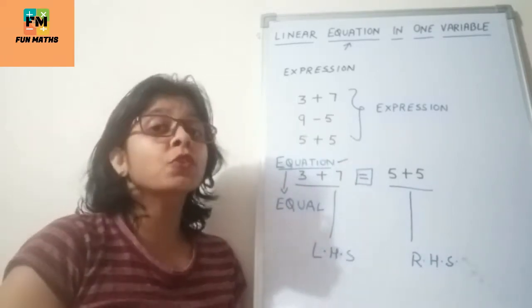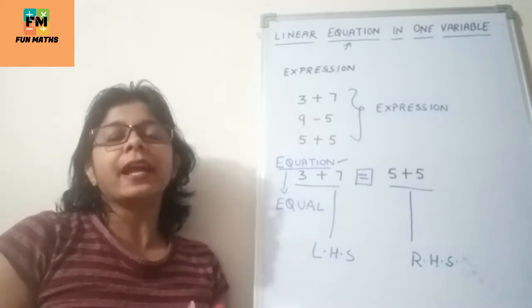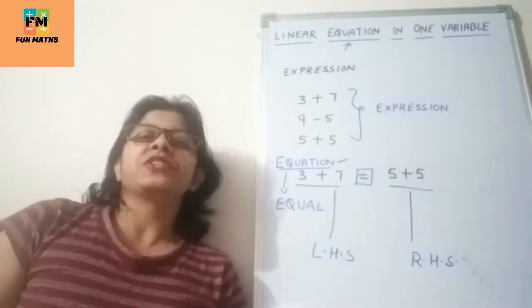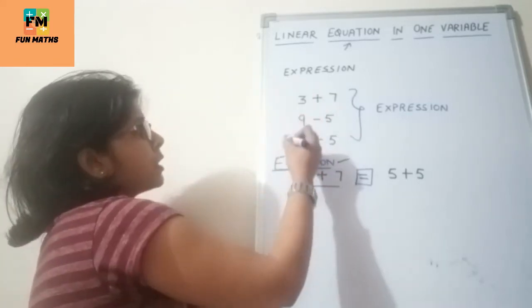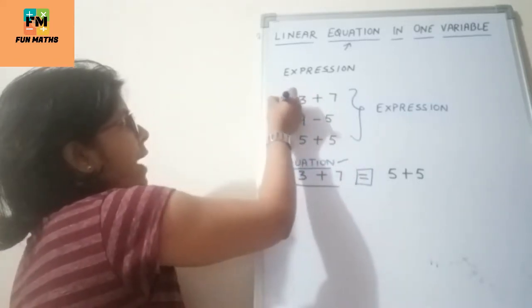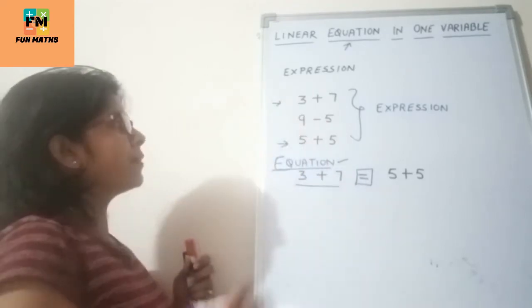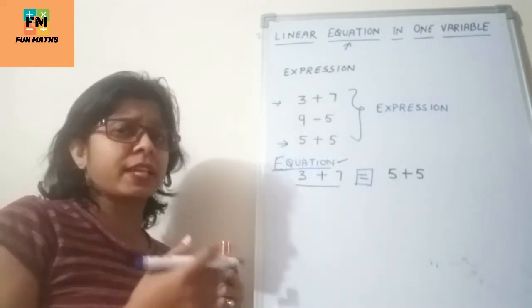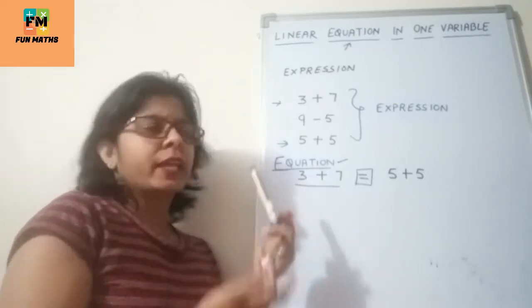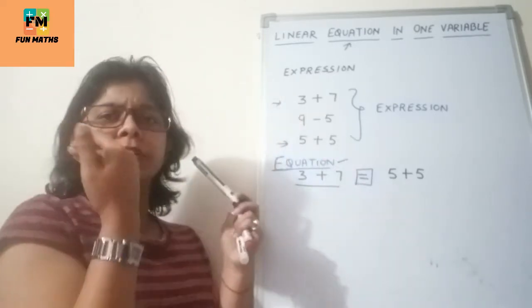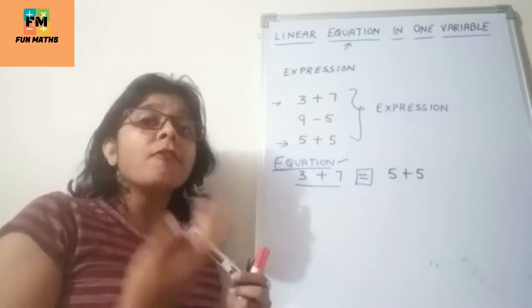Now let's move to algebraic equations and algebraic expressions. What are they? For an algebraic expression, as we have already used the first expression, I am leaving it. Let's move to the second expression as an example. An algebraic expression is when you write these expressions in the form of variables.